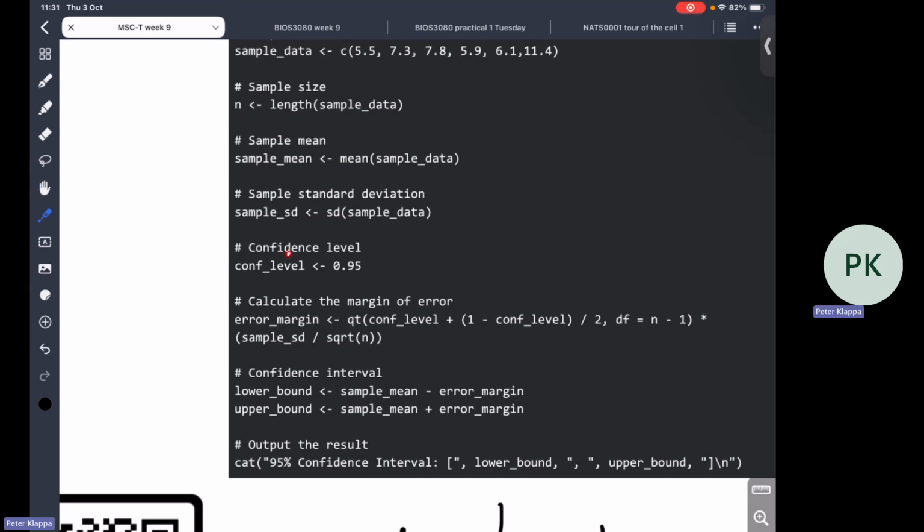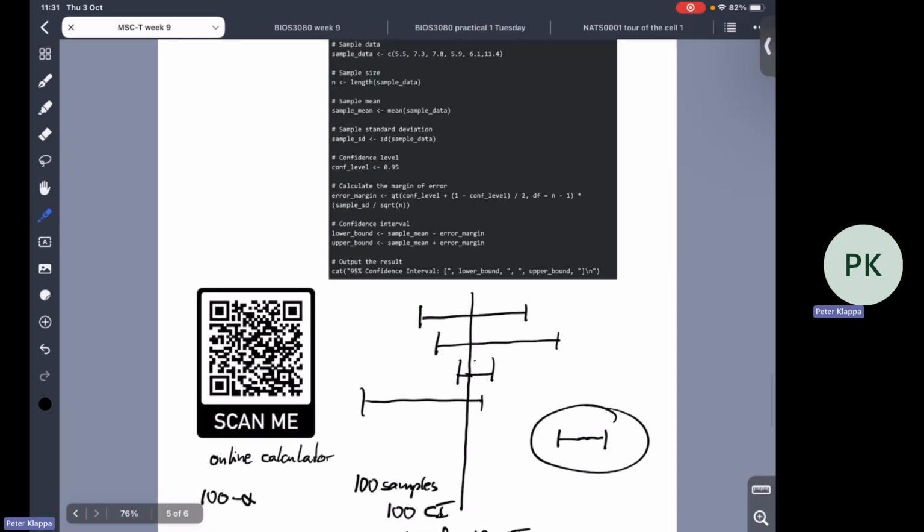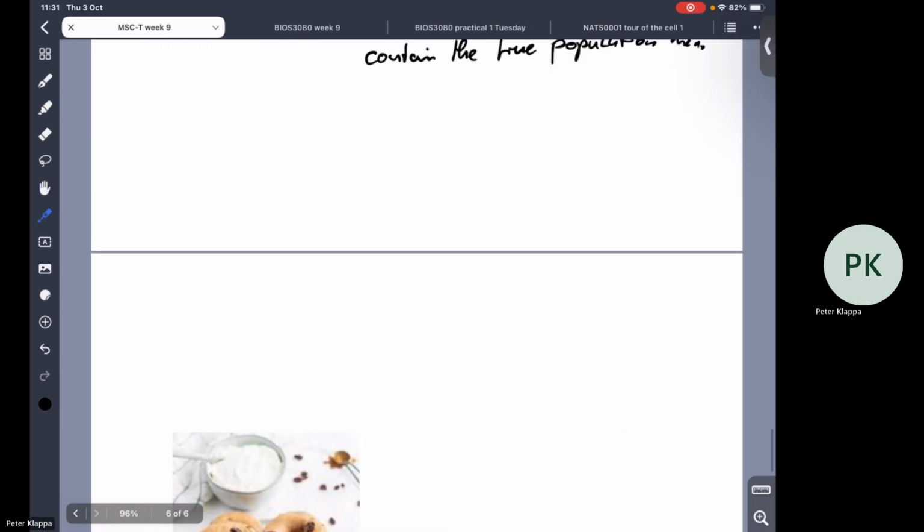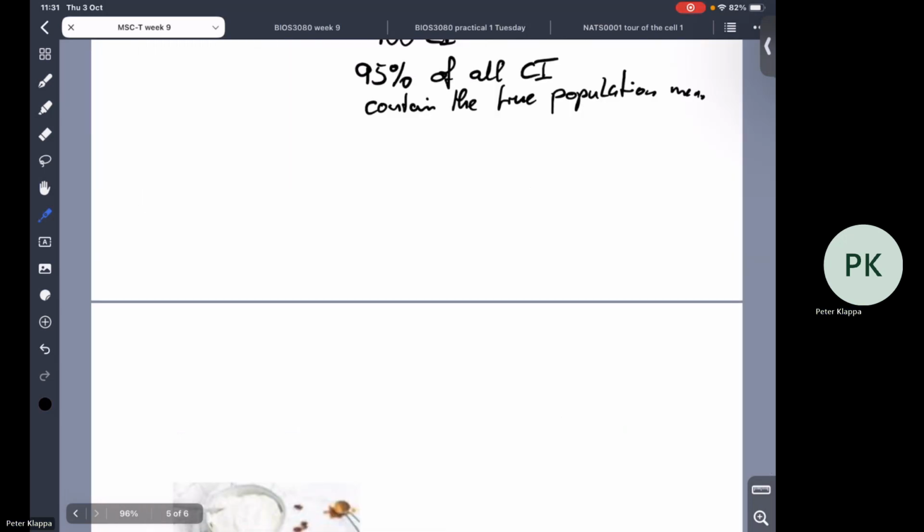And you go for a confidence level that is 1 minus alpha. That would be 0.95, but that's entirely up to you how you set that. And you calculate the margin of error here and the confidence interval with this one here. Brilliant. Happy with that confidence interval?